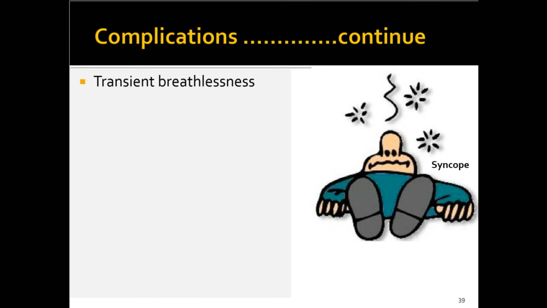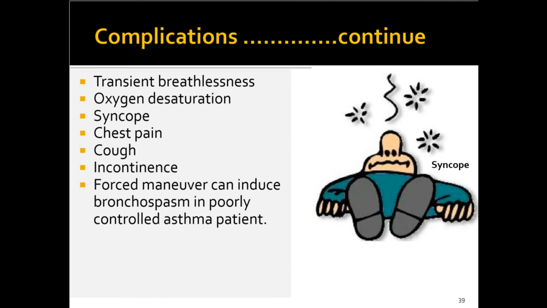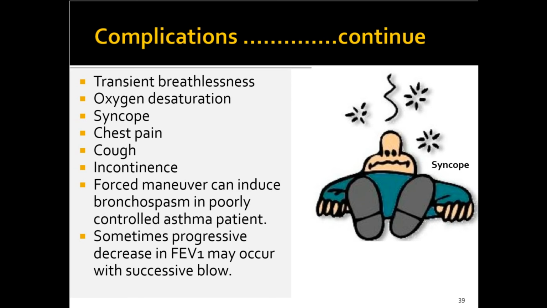Transient breathlessness, oxygen desaturation, syncope, chest pain, cough, incontinence. Forced maneuver can induce bronchospasm in poorly controlled asthma patients. Sometimes a progressive decrease in FEV1 may occur with successive blows.